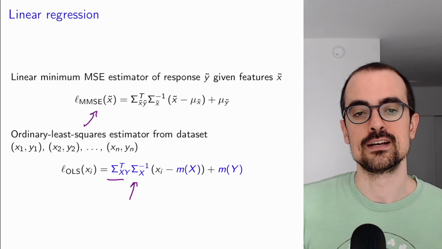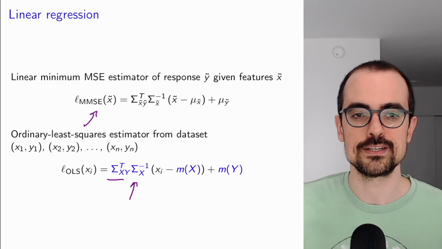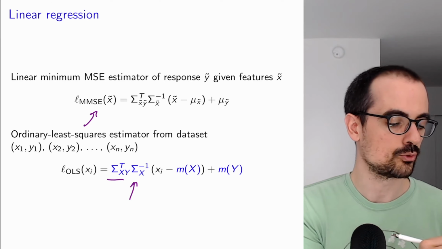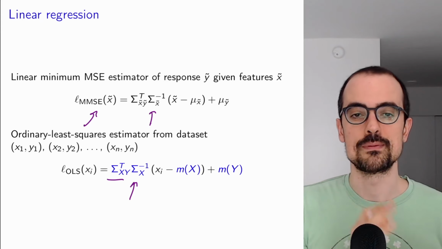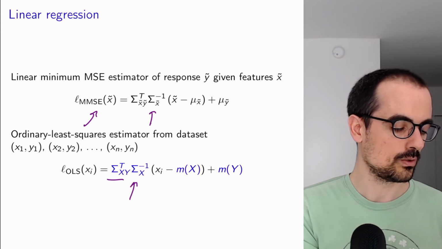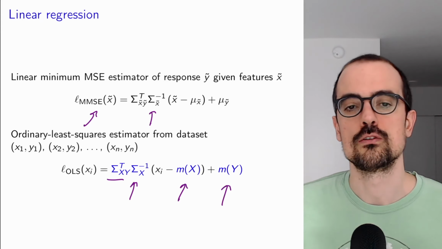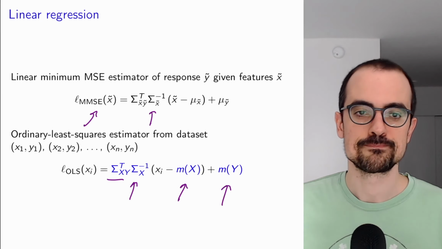Same thing for the sample covariance matrix of the features, which replaces the true covariance that we assumed was available when we were just having our probabilistic estimation. And we also use the sample means of the features and of the response.